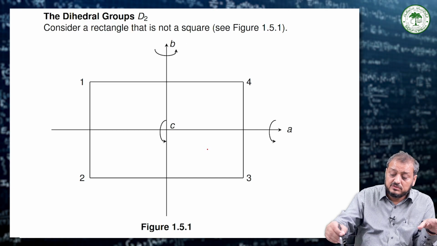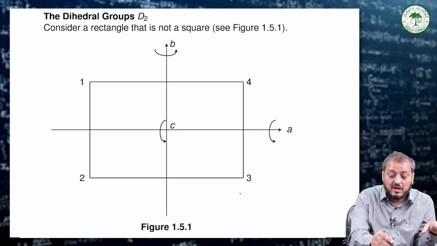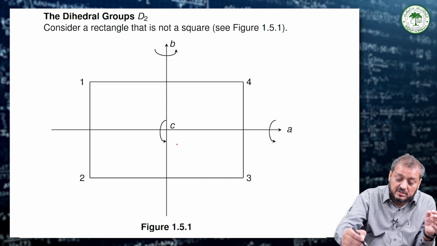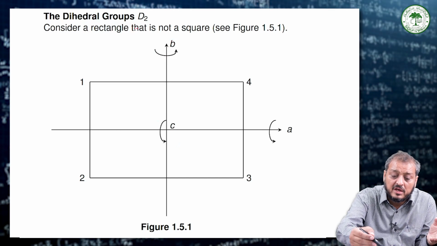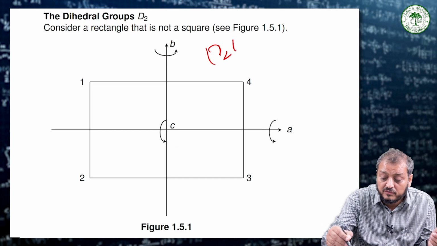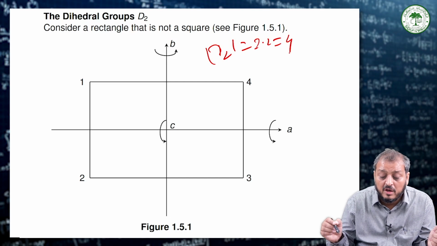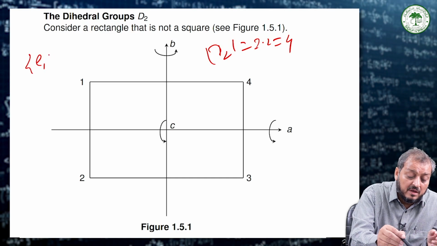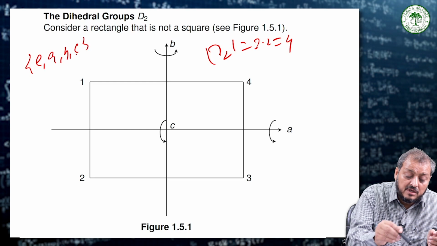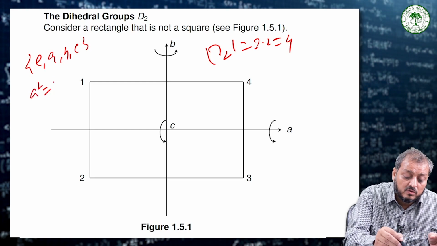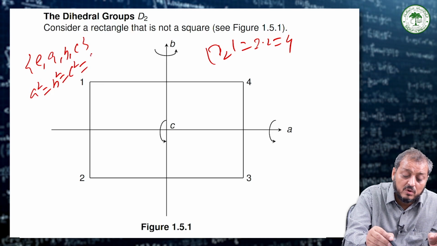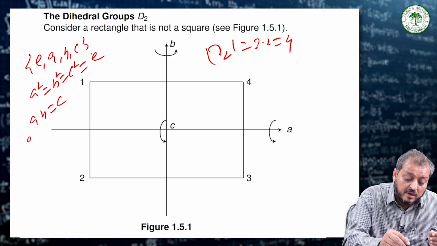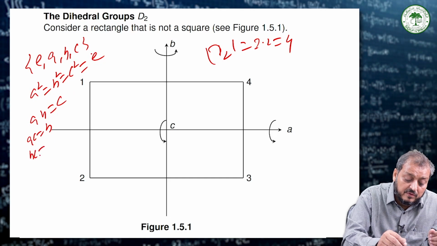We have this figure, I take 1 2 3 4, and then we have A, B, and C. Because the size of D2 is equal to 2 into 2, which is 4, there are 4 elements of this group, and I assume E, A, B and C. Remember, A square, B square, C square is equal to identity, and then AB is equal to C, AC is equal to B, and BC is equal to A.